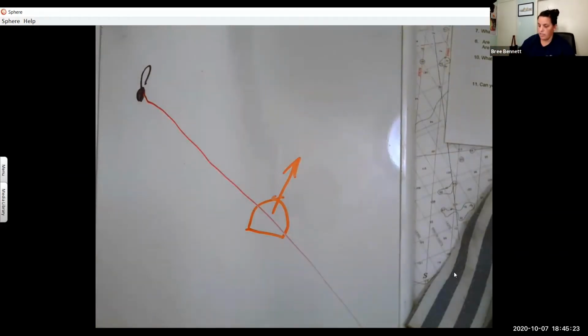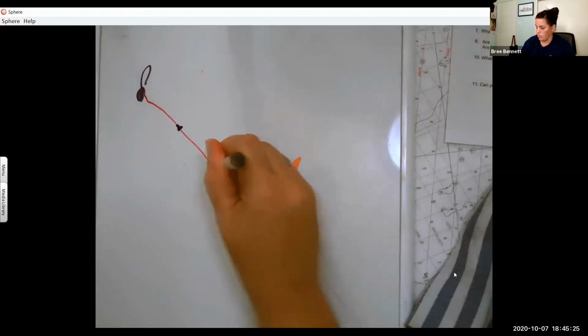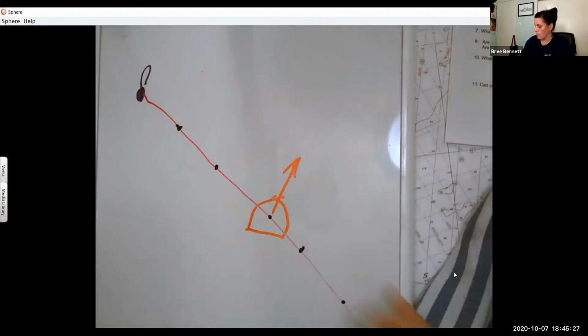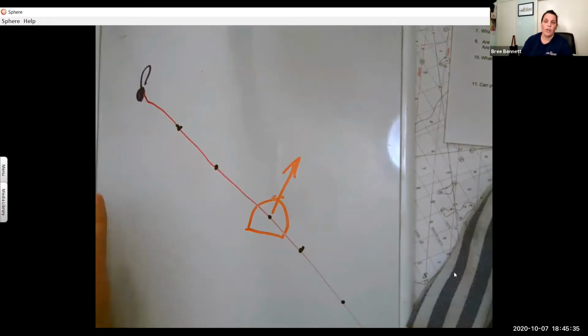We could be here, here, here. Infinite possibilities along that line. So we need another piece of information, whether it's your DR to get an estimated position, or another LOP. All one LOP tells us is that we have infinite possibilities along that line.